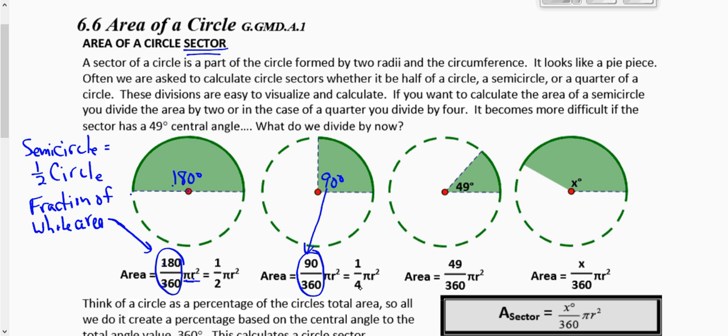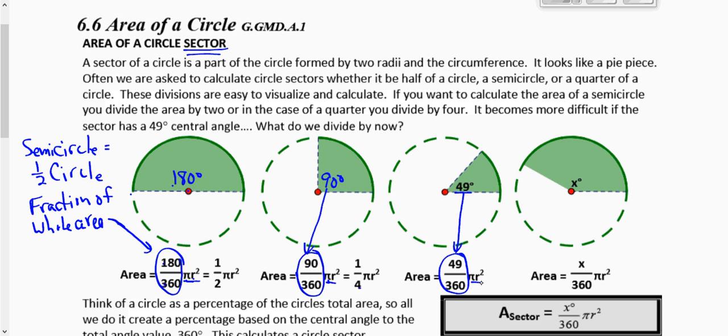So this is 90 360ths of the entire area, pi r squared, right? Remember, pi r squared is the whole circle. This is the fraction of the circle for that sector. Here we have a sector with a 49-degree angle. That fraction would be 49 out of 360 times the entire pi r squared, okay? It'll give you the area of that sector.